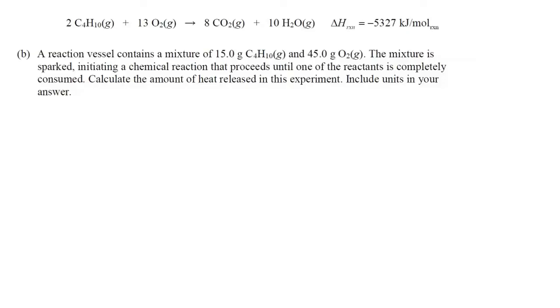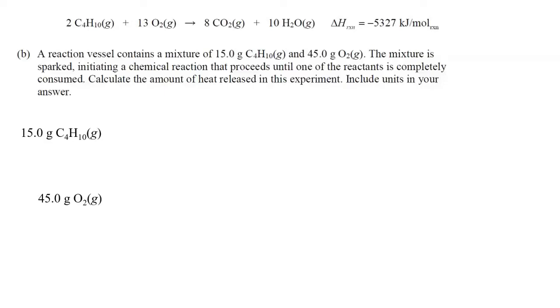So here are the clues. We are given both the grams of butane, C4H10, and we're also given grams of O2. So in fact, it's going to be 2 parallel calculations involving the grams of each reactant. And then it says in this question that a chemical reaction proceeds until one of the reactants is completely consumed.